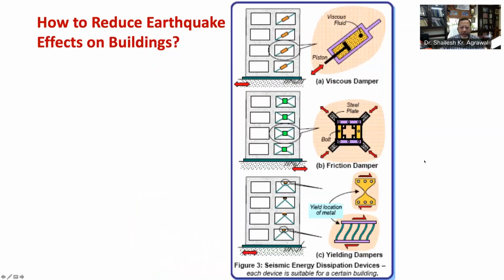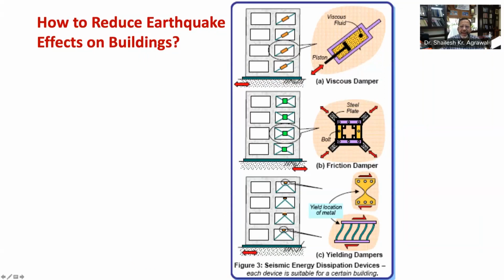Now let's move to another technique, that is seismic damper, and let's understand this technique through this figure. Installing seismic dampers in place of structural elements such as diagonal braces help in controlling seismic damage in the building and improving their seismic performance.